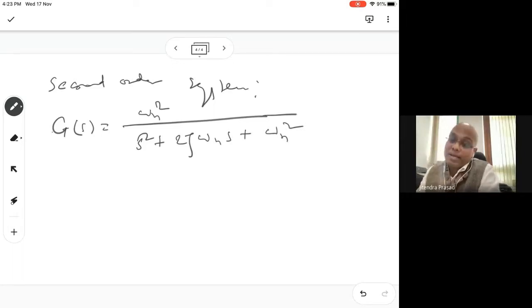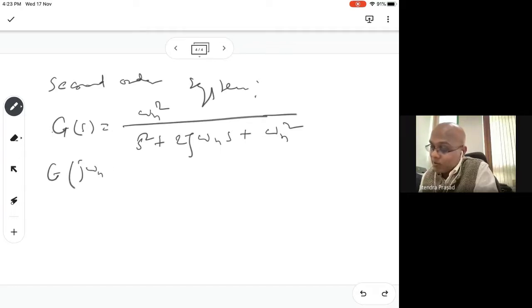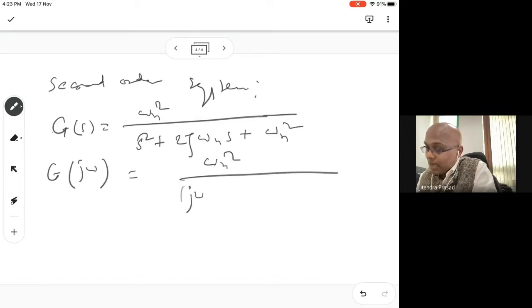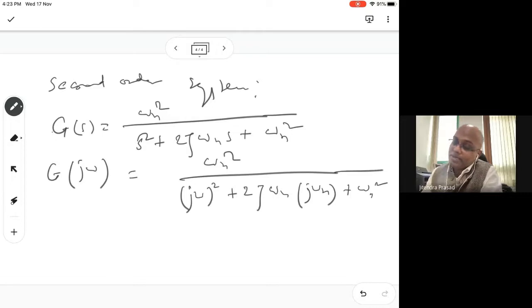The same thing if you repeat, you have G(j omega), just j omega, and you get omega n square divided by (j omega) square plus 2 zeta omega n j omega plus omega n square.